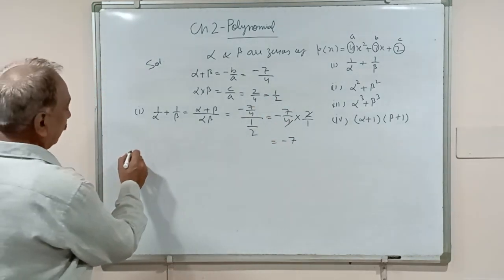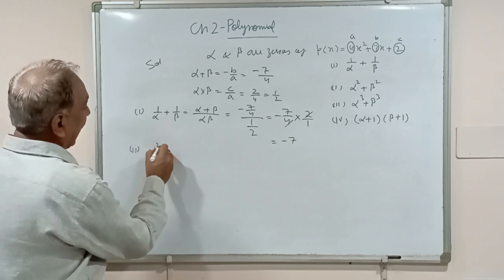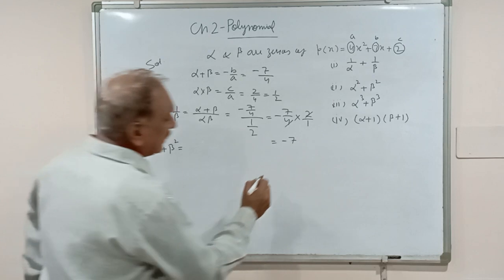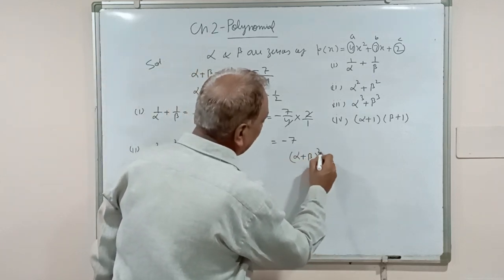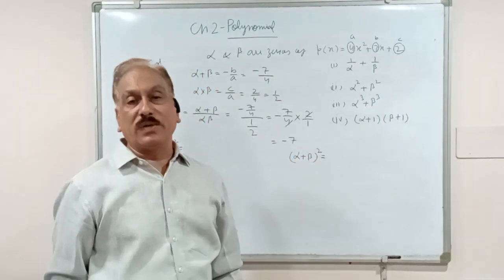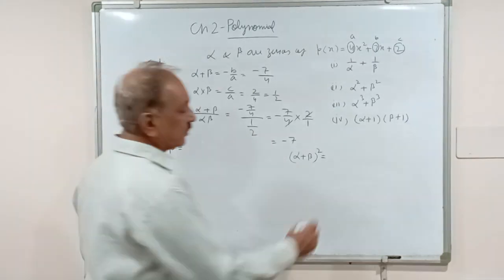Second part: alpha square plus beta square. This is the identity of alpha plus beta whole square, just like a plus b whole square is a square plus 2ab plus b square.